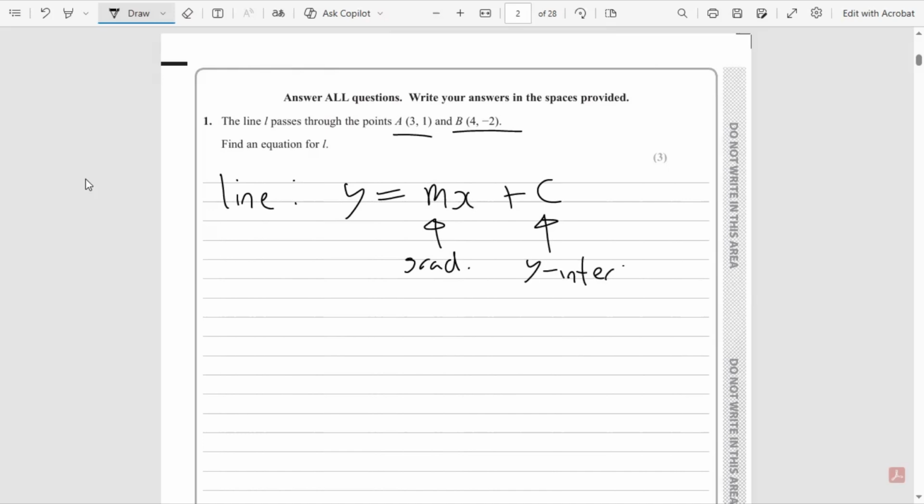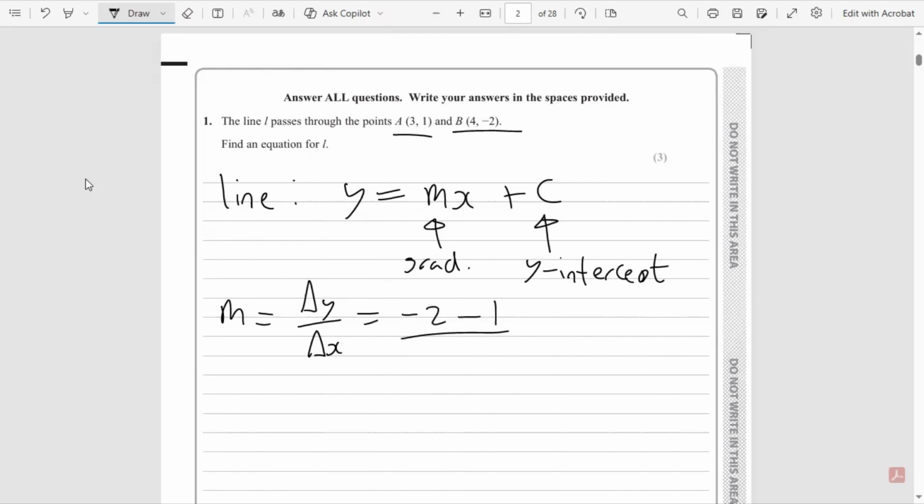So what we can start by doing is finding the gradient. The gradient m is going to be the change in y over the change in x. So we're going to take our two coordinates A and B, find the change in y, and divide it by the change in x. Now the y value for B is -2, and the y value for A is 1. So -2 minus 1, that's the difference.